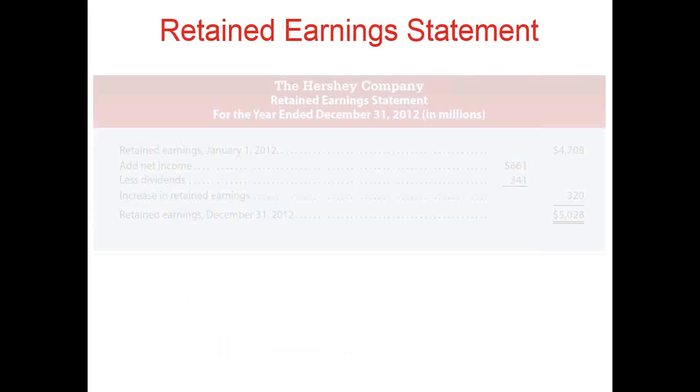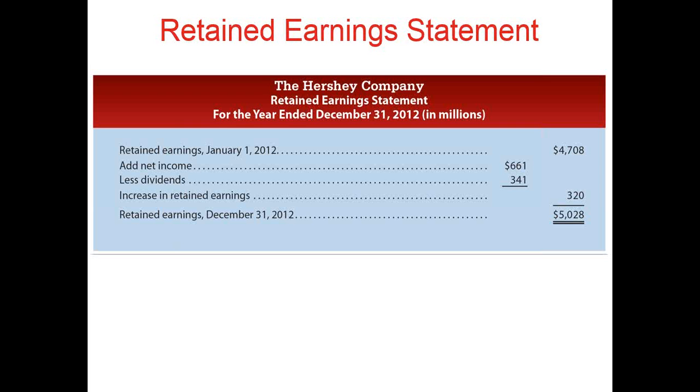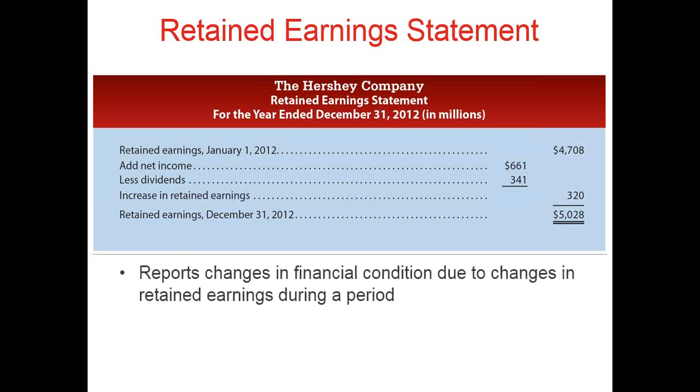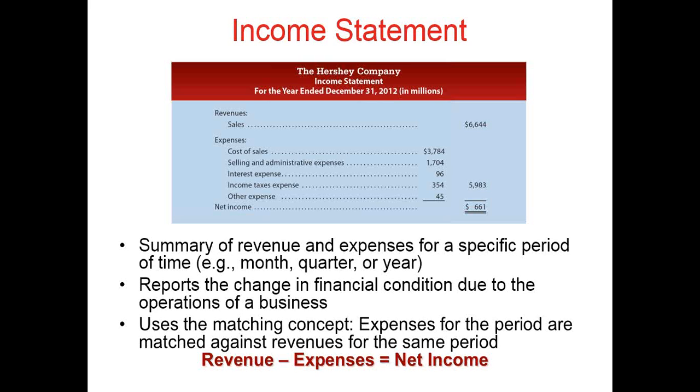Here's an example of the retained earnings statement for the Hershey Company. Now look, okay, we have our beginning retained earnings. Second line says add net income, 661. Let's go back up a page. Do you see? Net income, 661.